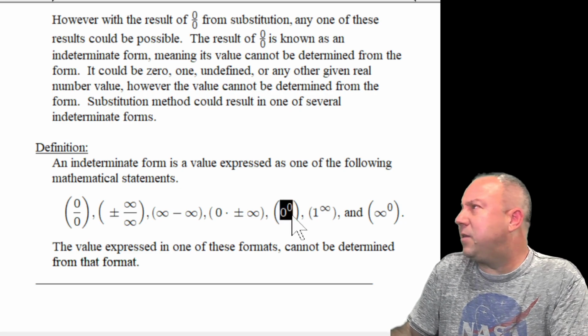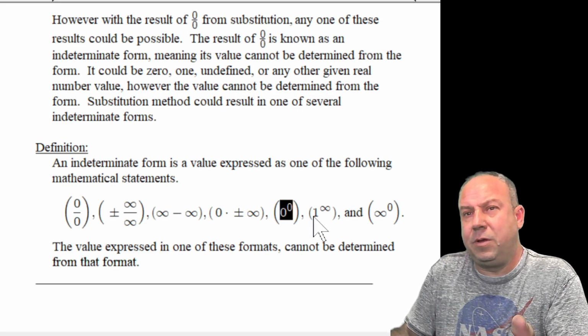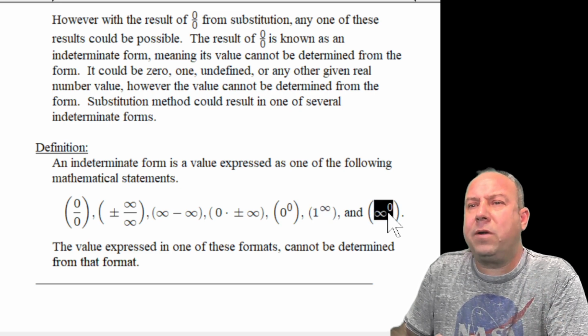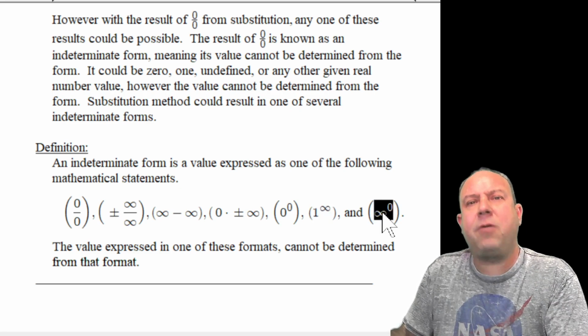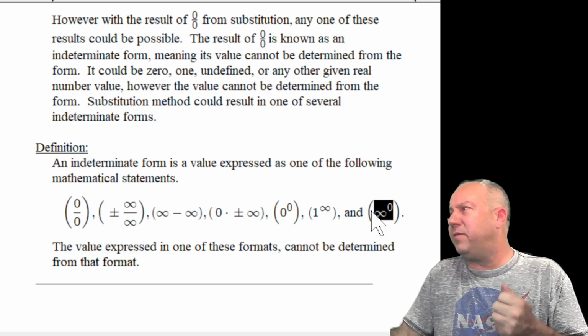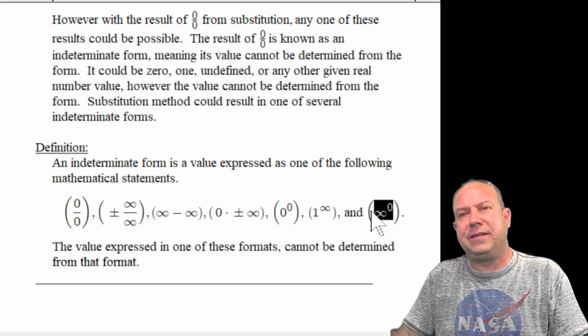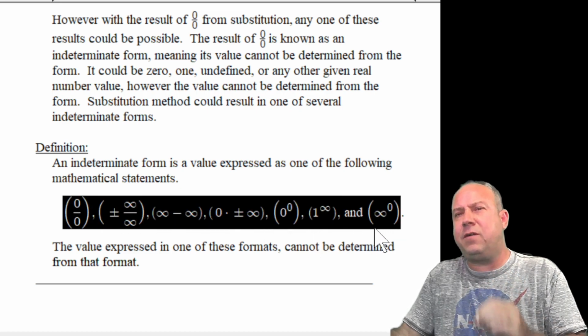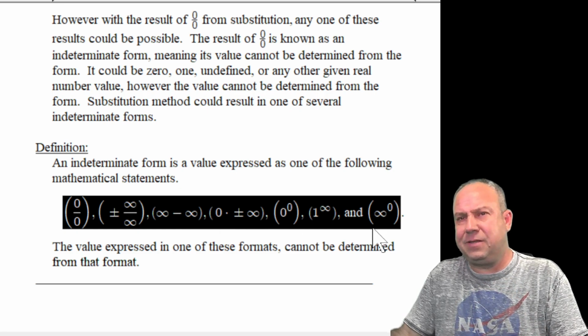0 raised to the power of 0. 1 raised to the infinite power, or infinity raised to the 0 power. Those are all examples of indeterminate forms, right? You want to begin to familiarize yourself with this list.